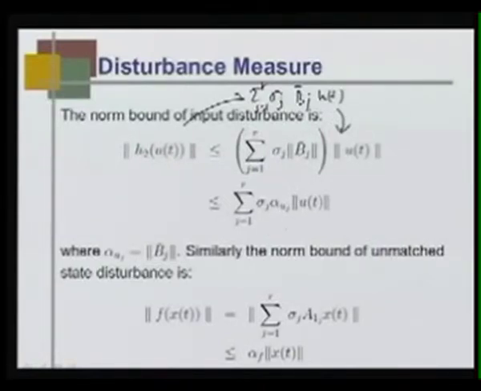So, this inequality gives a disturbance measure for this quantity, where we know already what alpha uj is, and we know what sigma j is.